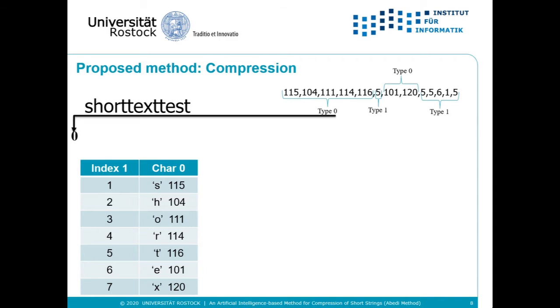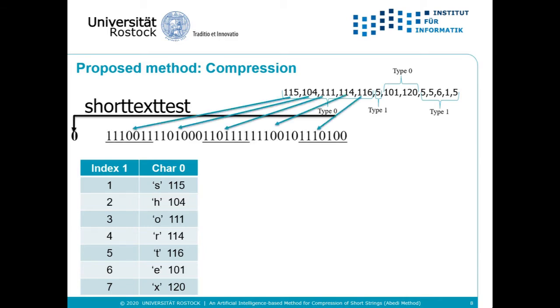Obviously, at the time of transmission, the types must be known. Therefore, the first bit shows the type of character in this example. It is 0 because new characters are being read. Then the binary types of numbers are written with the length of the largest amount, which is equal to 7 in this example.